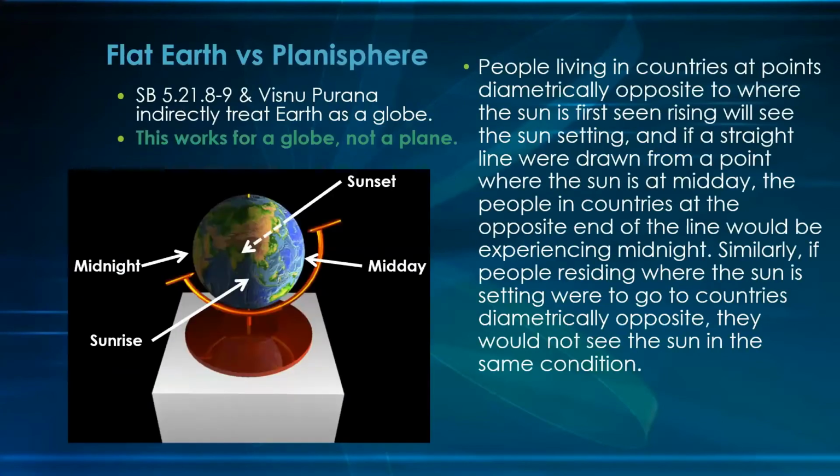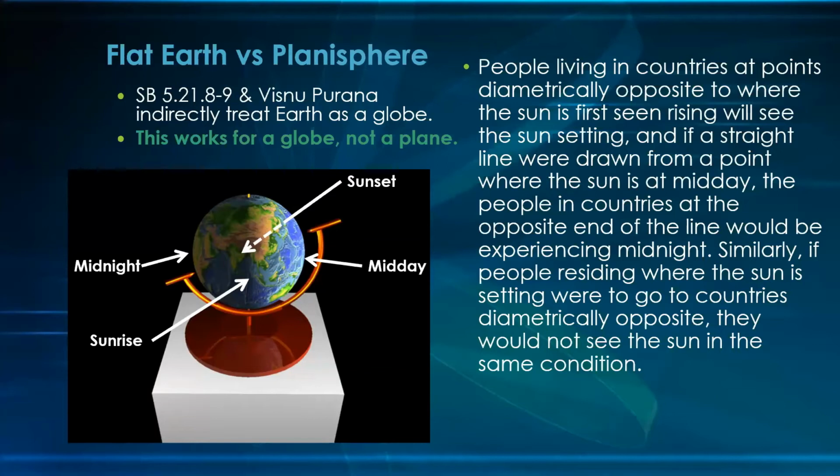According to the Bhagavatam, it is said in verse 5.21.8 through 9, and also in the Vishnu Purana, that when the sun is at midday on one side, at the other side it will be midnight, and where one side of the Earth is at sunrise, the other side opposite to it is at sunset.